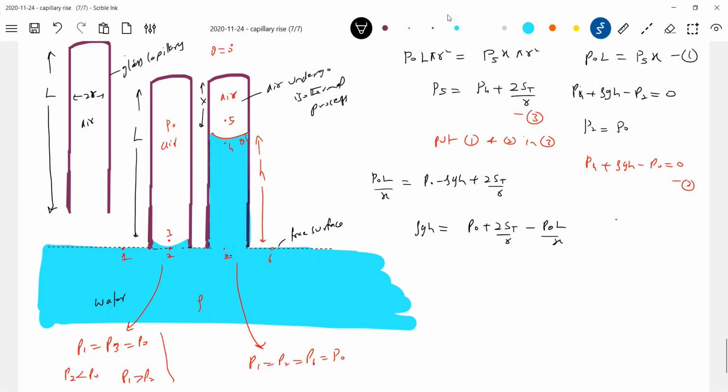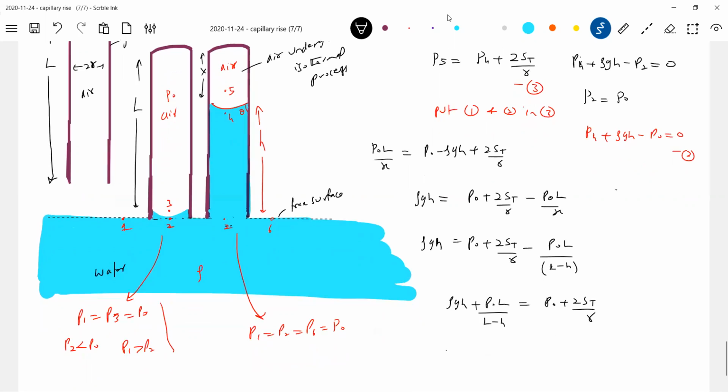X you can write as L minus H. Let me bring it. So this will be rho G L H minus rho G H square.